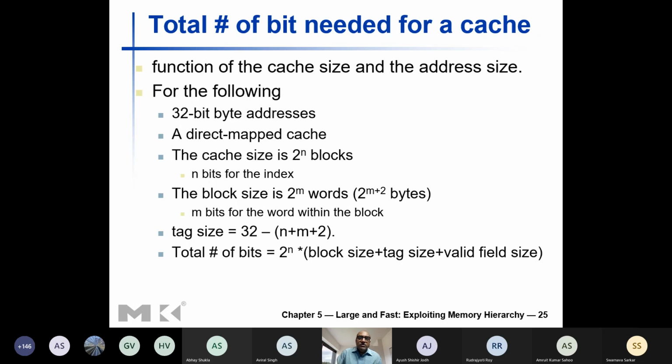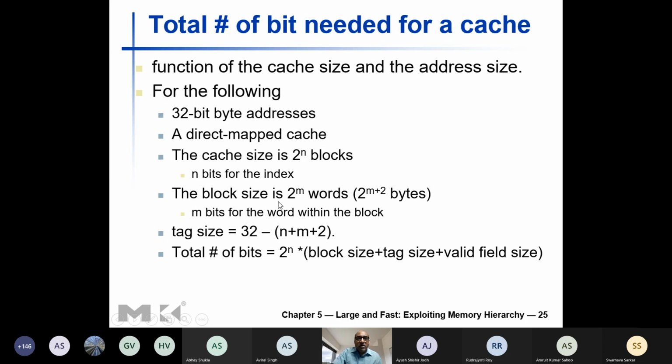This n in the exponent gives you the number of bits. Therefore, to index this cache we need n bits. So n bits are used for indexing the cache, to locate the block in the cache.